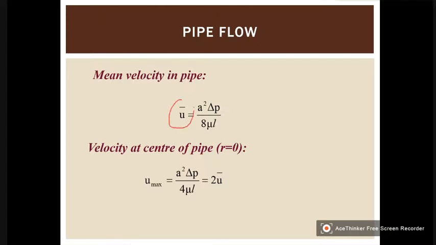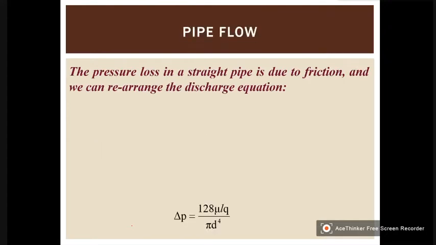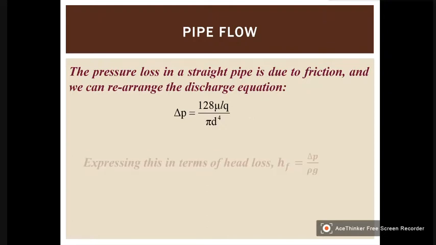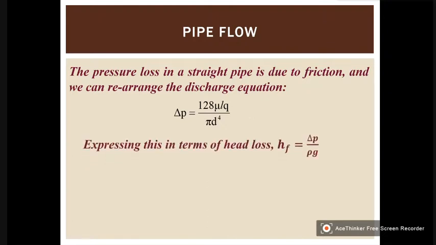Use this expression and rewrite it to get delta P. So now what we can do is we can always take delta P as the head loss. So it is HF. HF is nothing but delta P by gamma.